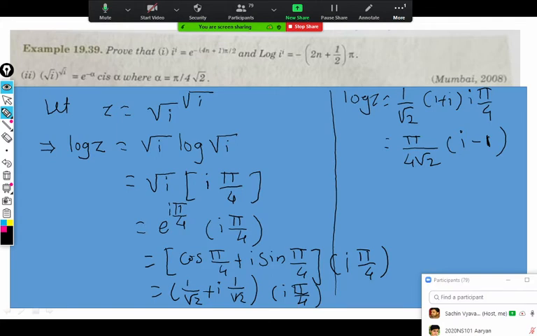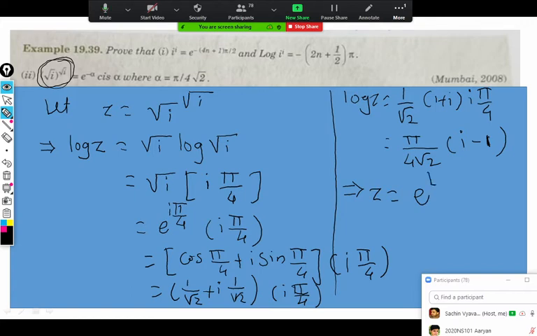But here we still want the answer, root i raised to root i. So we got here log of root i raised to root i. And we want that z only. So taking antilog, z is equal to e raised to, I will take this inside also.